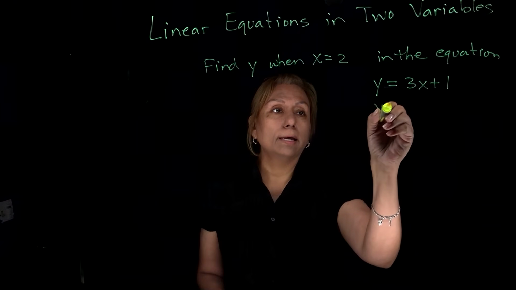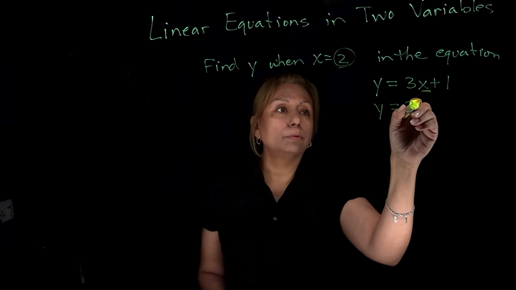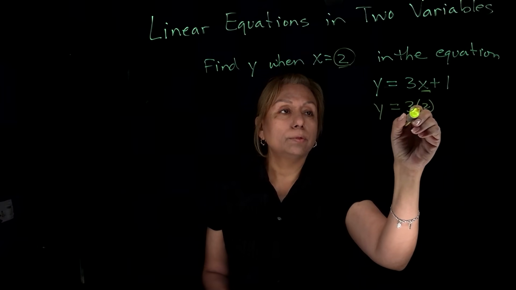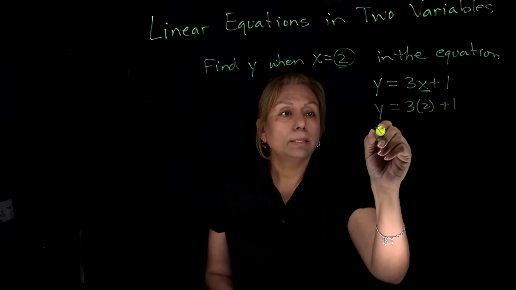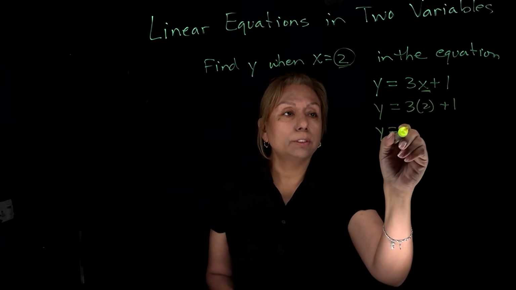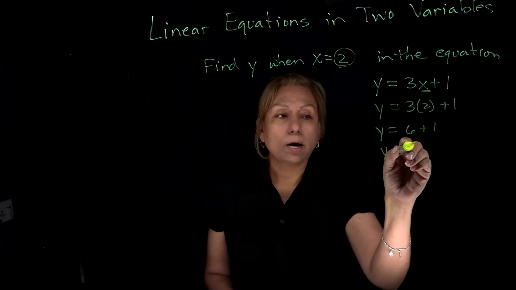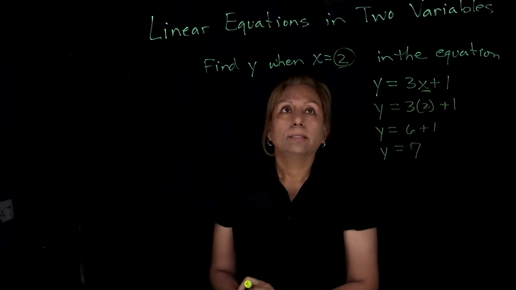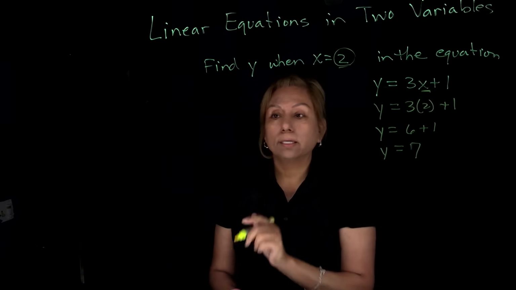So here's y equals 3, and for this x we will substitute a 2. It's right next to each other, so that's going to mean multiplication. Okay, then we would get 3 times 2 is 6 plus 1, and we would get y equals 7. That's a linear equation with two variables. So let's look at another one.